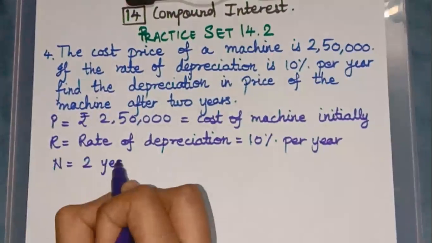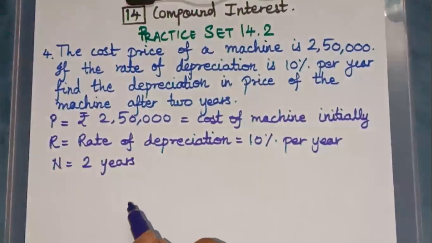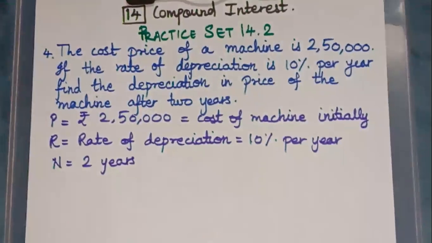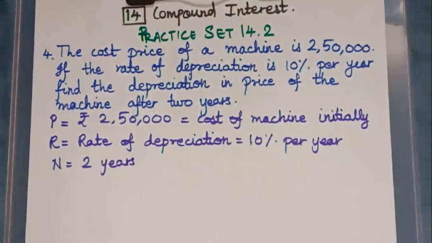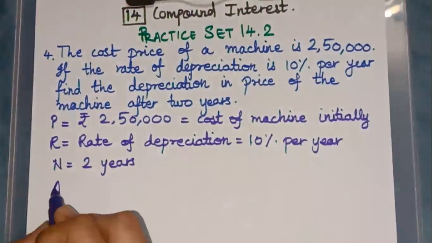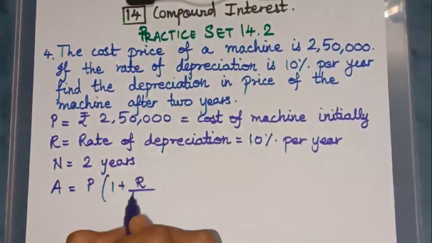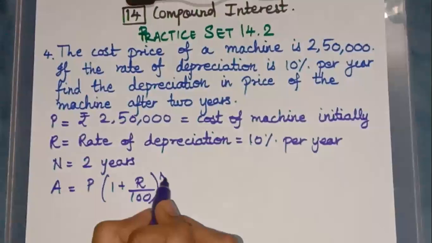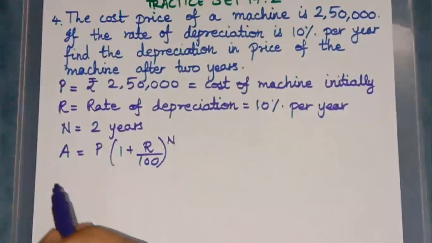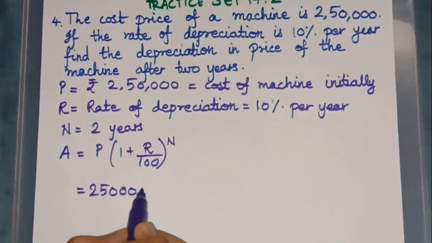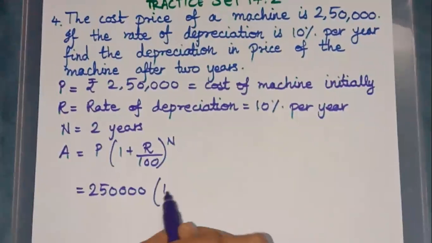Now girls, in order to find out the depreciation in the price, we are going to use the amount formula as we used to do. So amount is equal to P into 1 plus R upon 100 raised to the power n. Here P is 2,50,000.